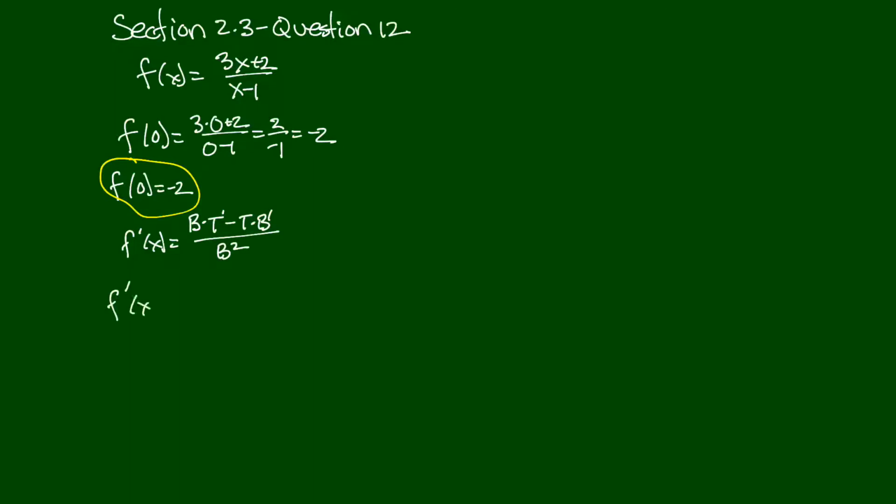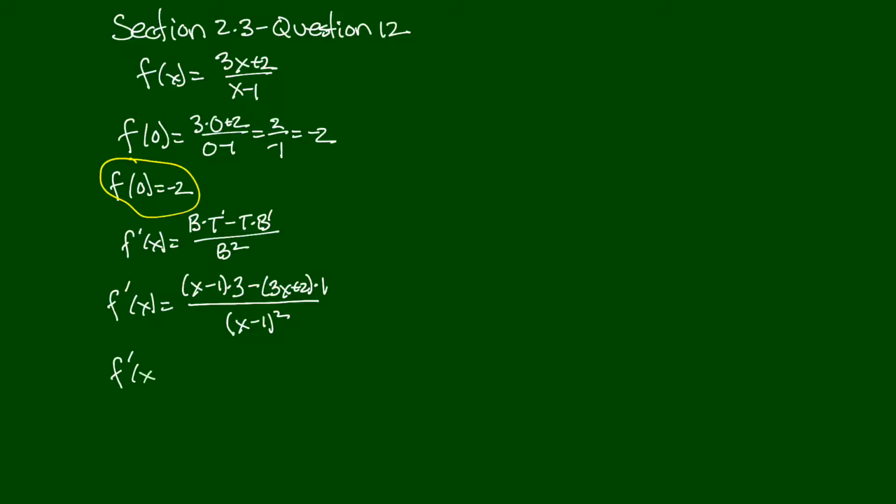So f prime of x is the bottom, quantity x minus 1, times the derivative of the top, which is a 3, minus the top, which is 3x plus 2, times the derivative of the bottom, which is a 1. The coefficient of x is just 1, so the derivative of x is 1, and we get a 0 for the constant. And now the bottom squared, so this is x minus 1 squared.